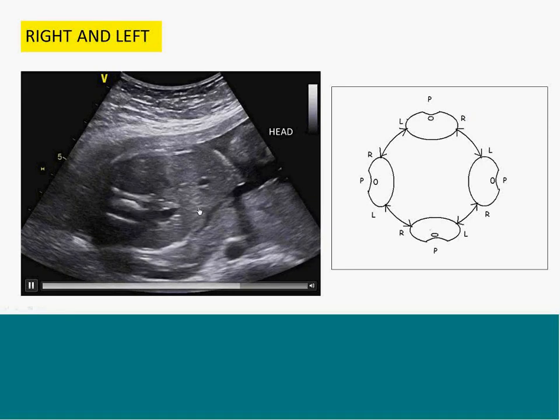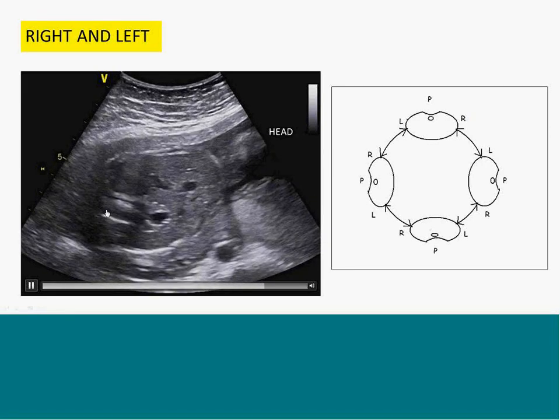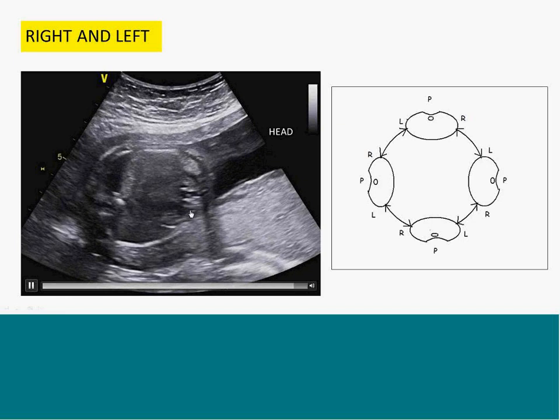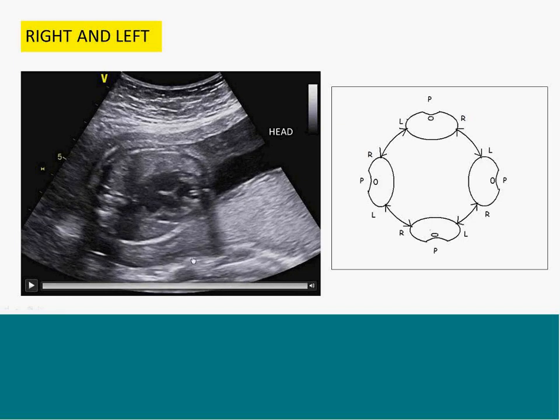So everything is on the left side. When you want to decide what is left and what is right, you can subsequently go further to understand where is the descending aorta, where is the IVC, where is the heart lying, where is the stomach bubble.